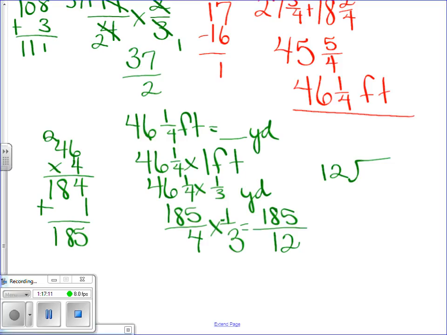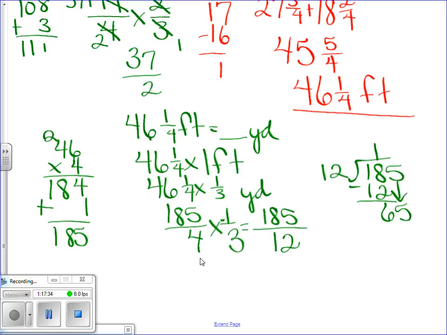12 into 185. 12 can't go into 1, but 12 can go into 18 one time. 1 times 12 is 12. 18 minus 12 is 6. Bring down my 5.